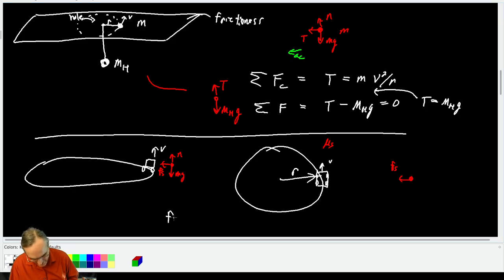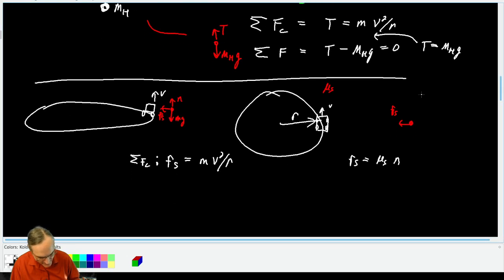But we'd be able to say that the sum of forces along the centripetal direction would be F sub s equals m v squared over r. And of course, F sub s would be equal to the coefficient of friction mu sub s times the normal. Analyzing the rest of this, we've got normal minus mg equals 0.